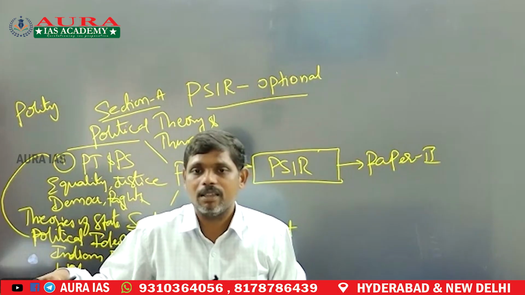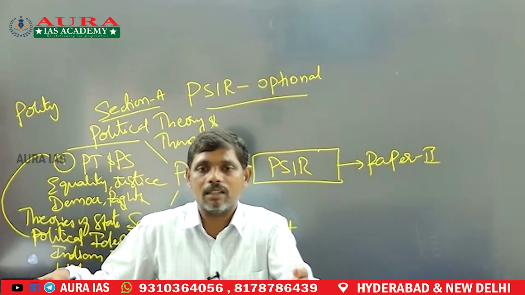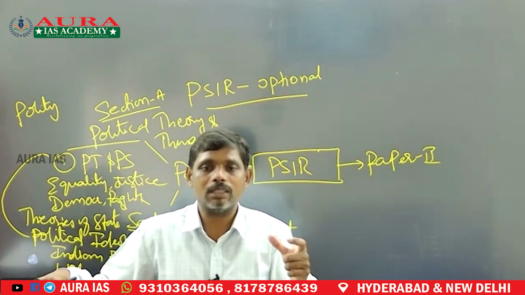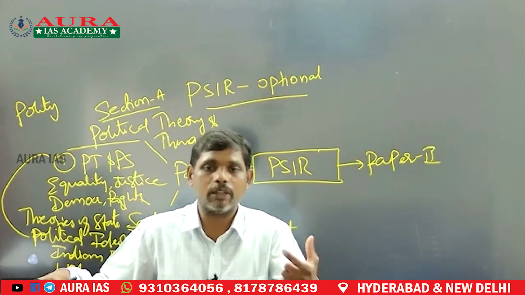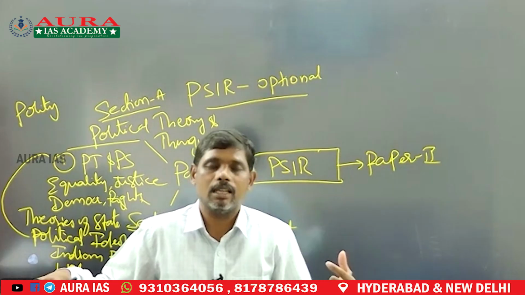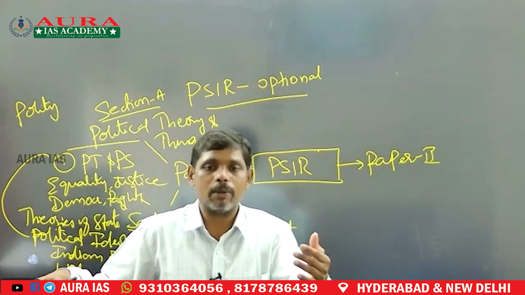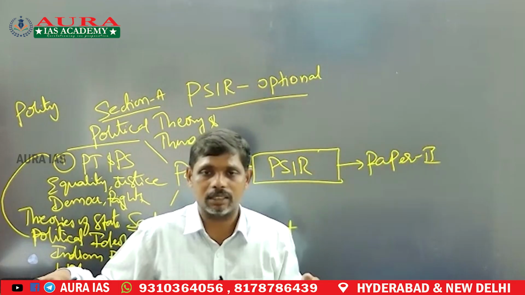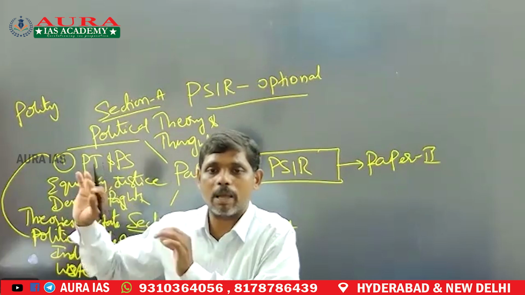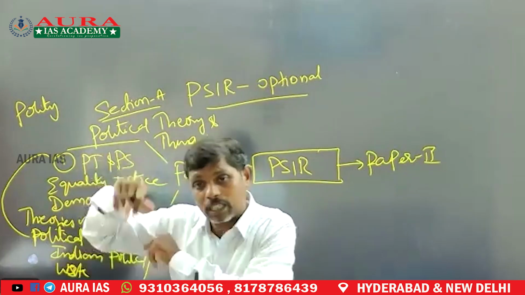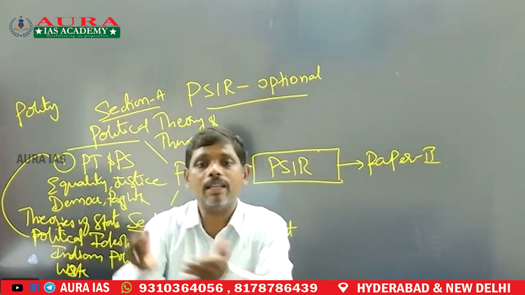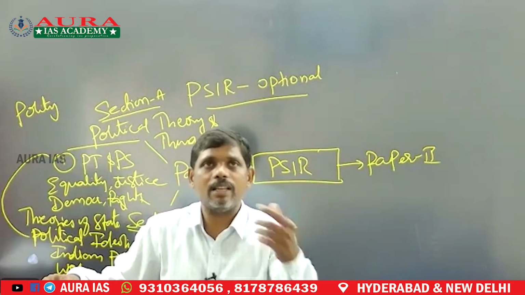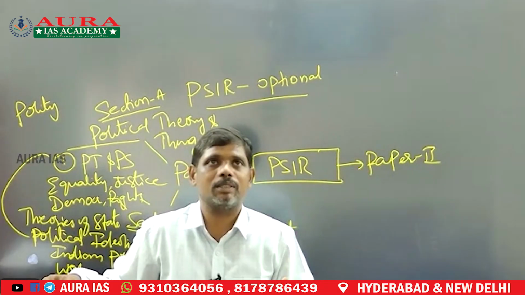The only newer part to us is Western political thought, because the thinkers and their views in this section will be different, as you might not have encountered them in general studies. So 80% of paper 1, part 1, overlaps with the GS. That means it will be very helpful for our GS preparation.